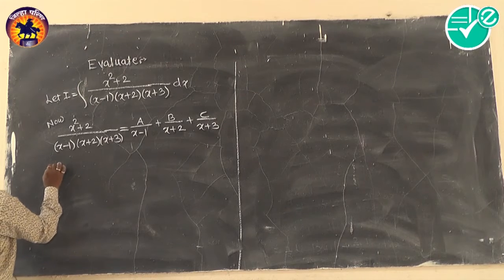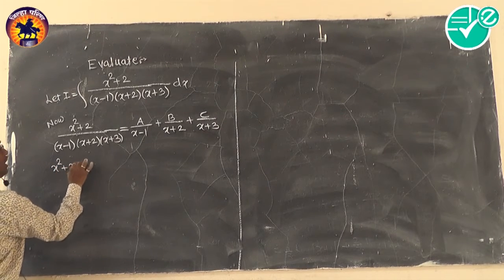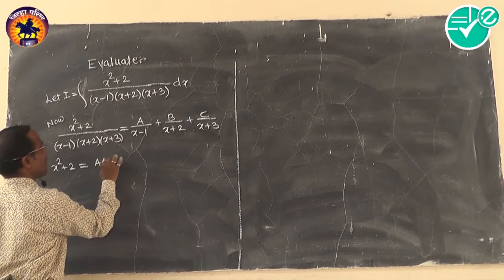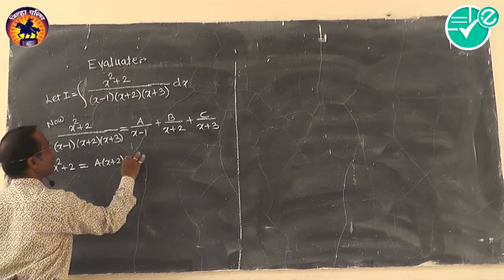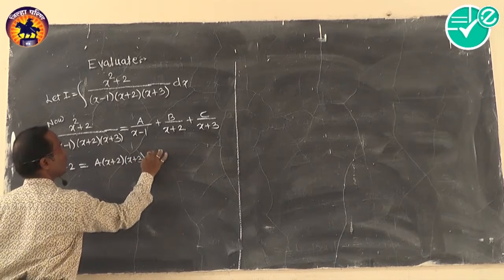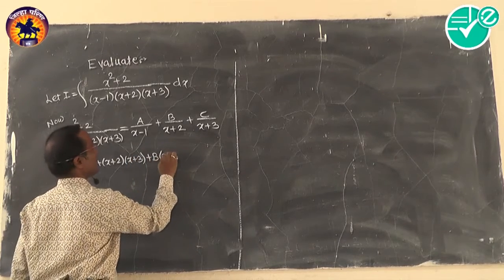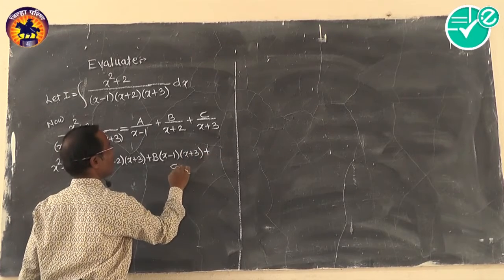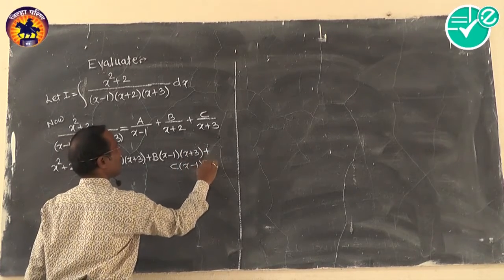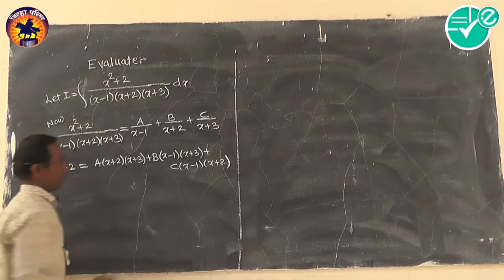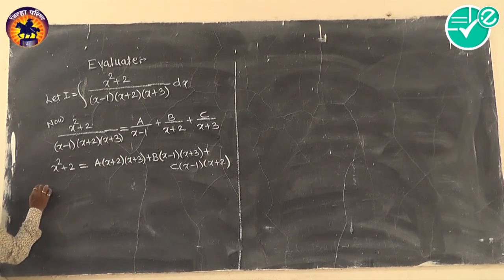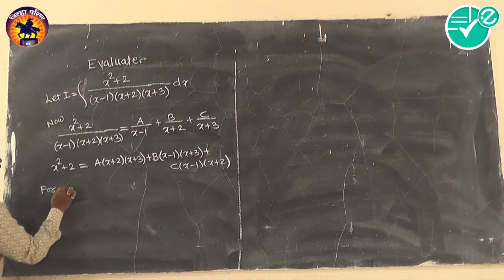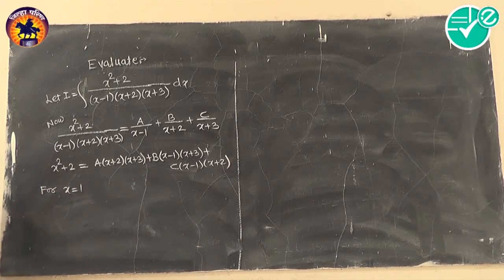Now, x square plus 2 is equal to A into (x plus 2) into (x plus 3) plus B into (x minus 1) into (x plus 3) plus C into (x minus 1) into (x plus 2). Now for x is equal to 1, second method.